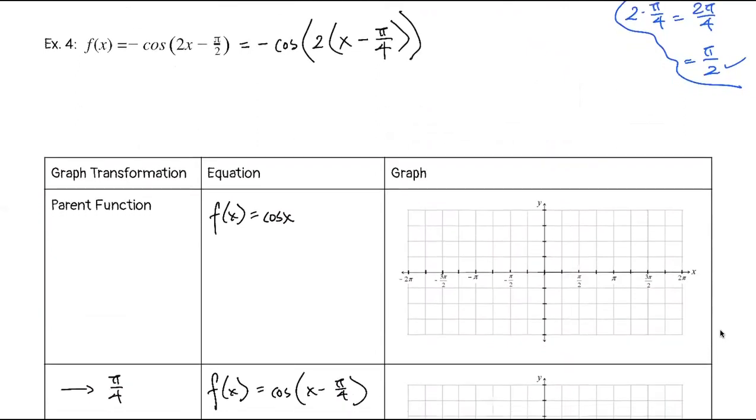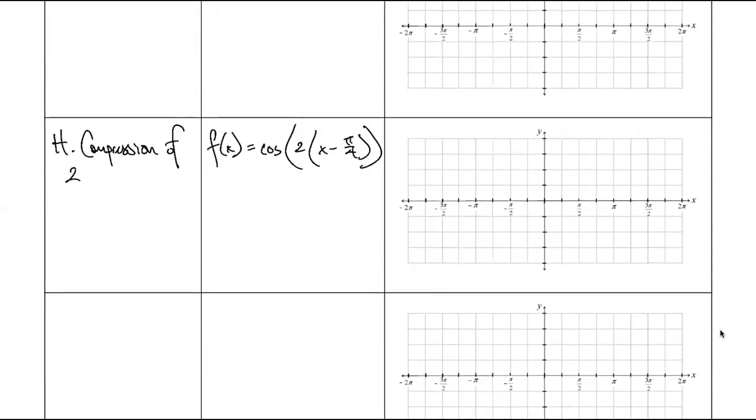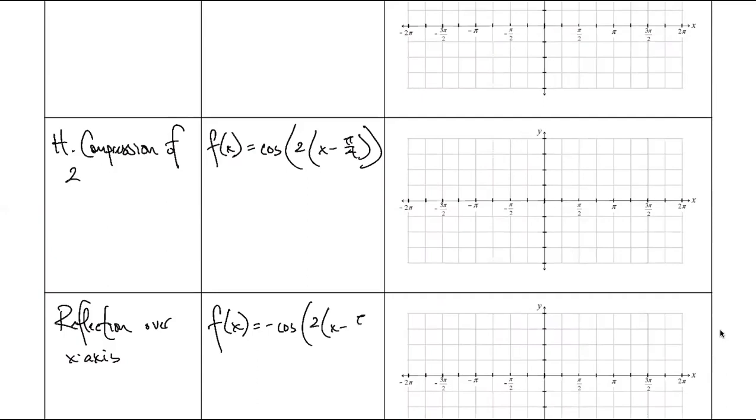And I think it was Richard who said earlier that negative sign in the front is going to give us a reflection over the x-axis, okay? So finally, we'll have a reflection over the x-axis, and that is just the negative sign in front.